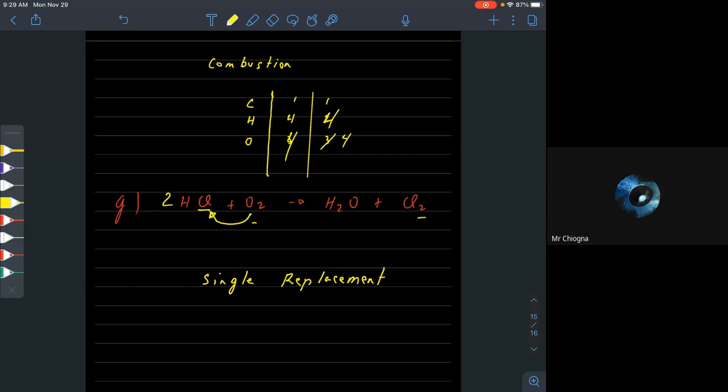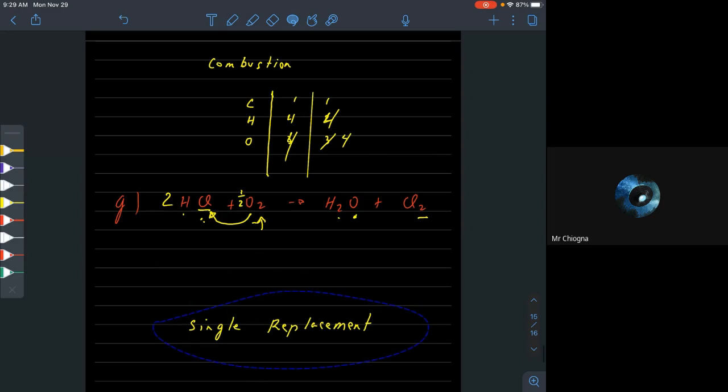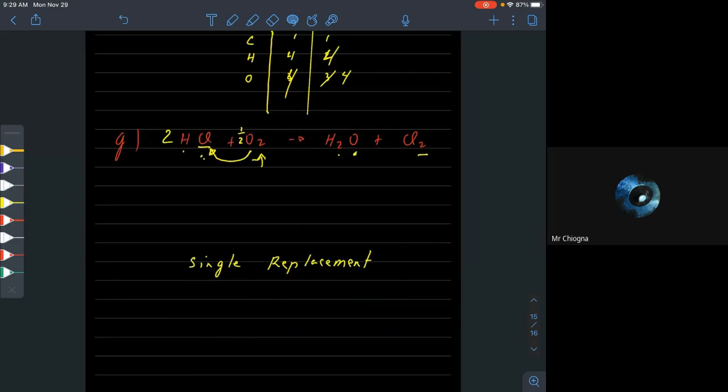I've got 2 chlorine, 2 times 1, 2 chlorine. 2 times 1, 2 hydrogen, 2 hydrogen. The oxygen, there's 1 here on the right, 2 here on the left. Put a half in front. What do I need to do? Multiply everything by 2. So I get 4. 2 times a half is just 1.